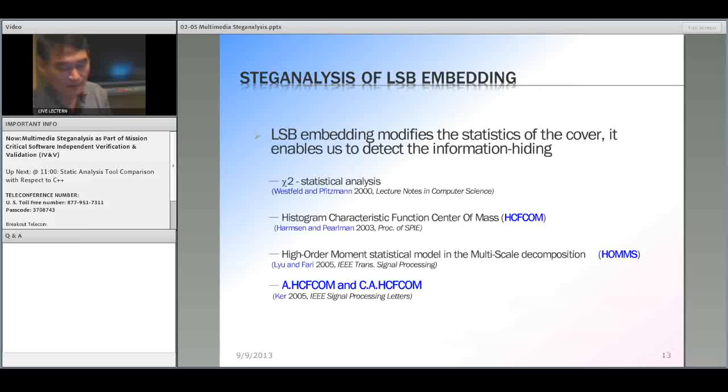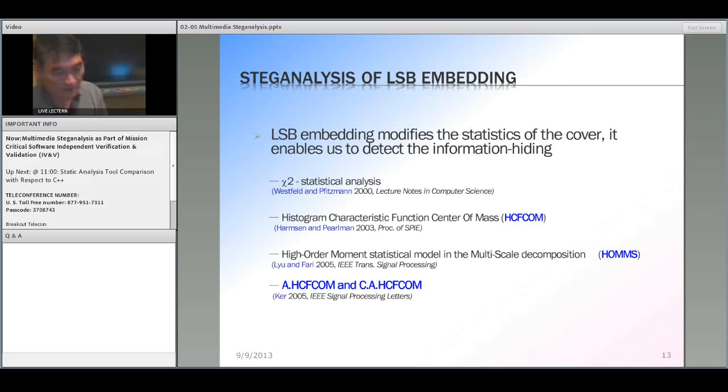And there are a variety of methods to go about detecting the presence of the payload. Usually it goes into a statistical analysis to extract the features, and then you train a learning machine with sufficient data and test its performance.